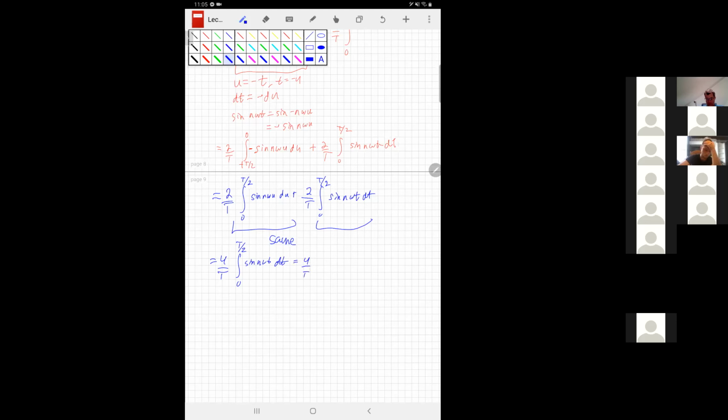So this is 4 over T. Then we take the antiderivative. The antiderivative of sine is minus cosine, and there's a 1 over n omega, evaluated from 0 to half the period.